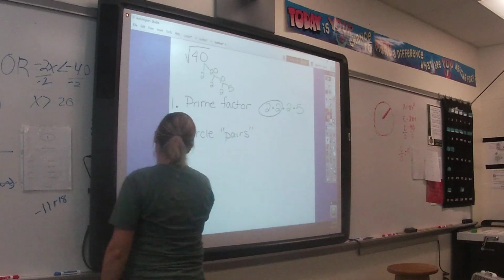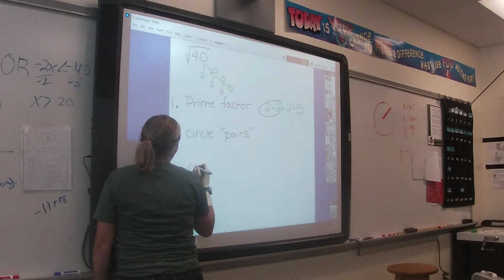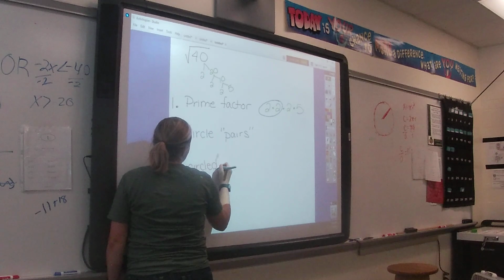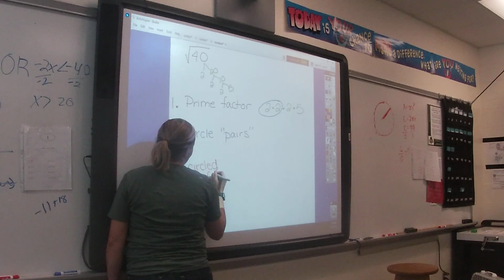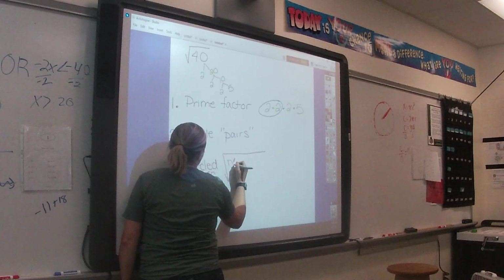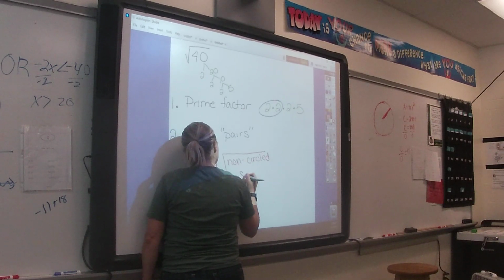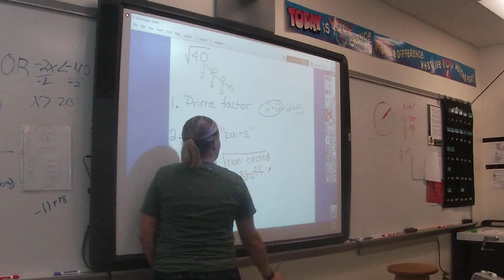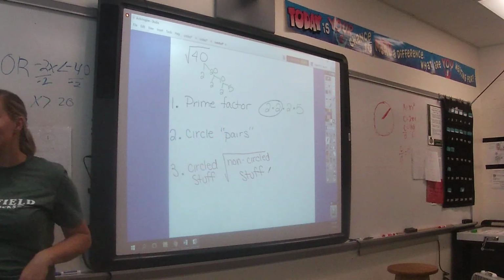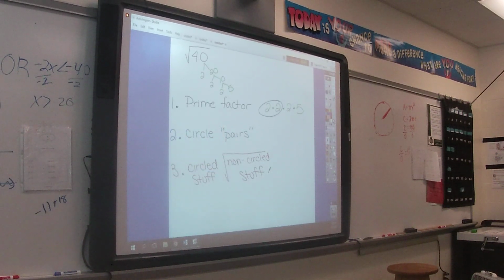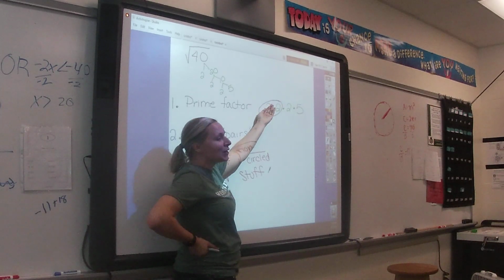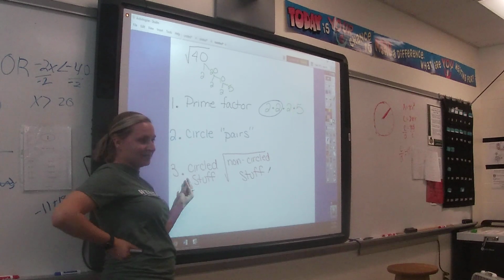Here are my really fancy math words: circled stuff. There really are words like the radicand and things like that, but we're not going to get into it. The circled stuff, whatever we circle, is going outside.